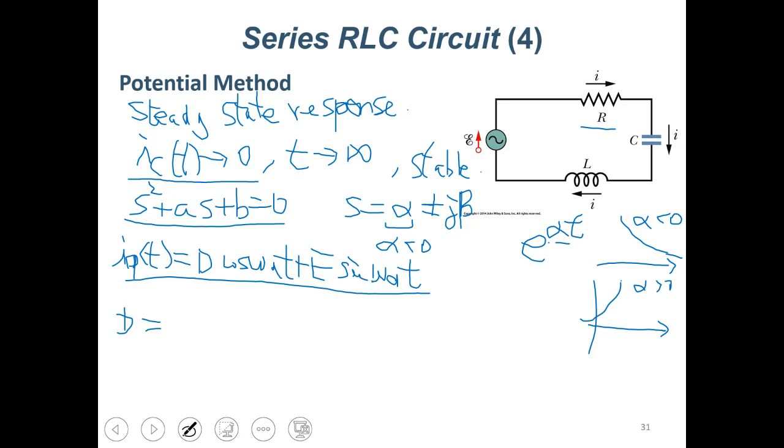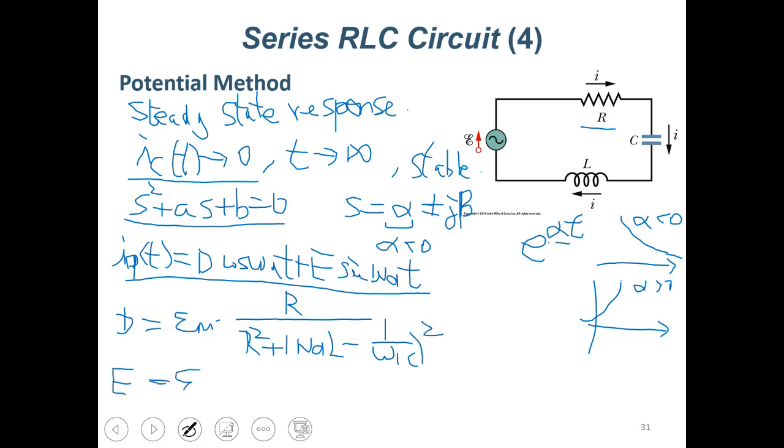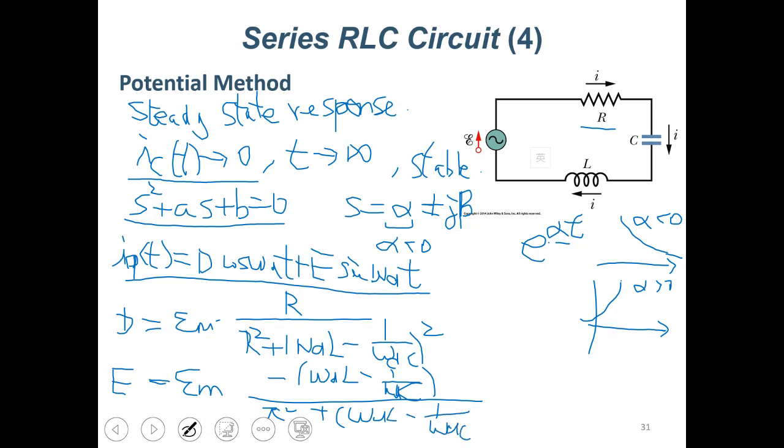D would be Em times R over R squared plus (omega d L minus 1 over omega d C) squared, and E would be Em times (minus omega d L plus 1 over omega d C) over the same denominator, R squared plus (omega d L minus 1 over omega d C) squared.